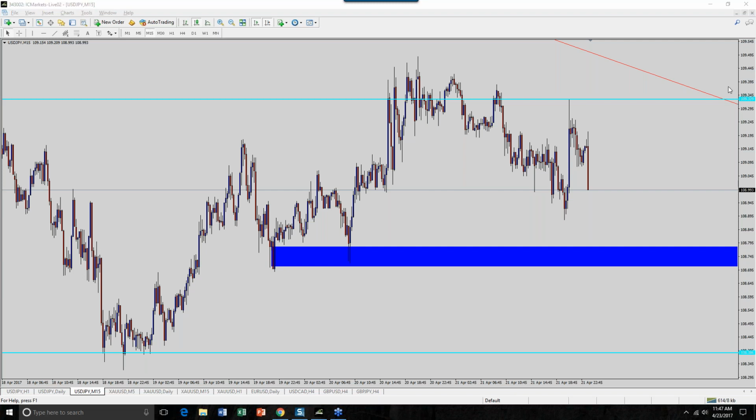Right now we are currently at 108.993. So more than likely, we're probably going to go over here, 993 to 745, so like 250 pips. That's what I'm looking for over here because I see this information.